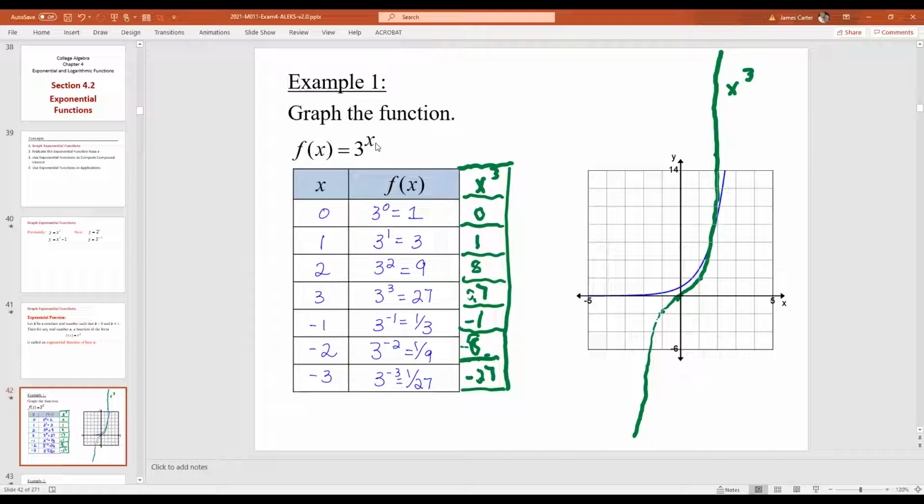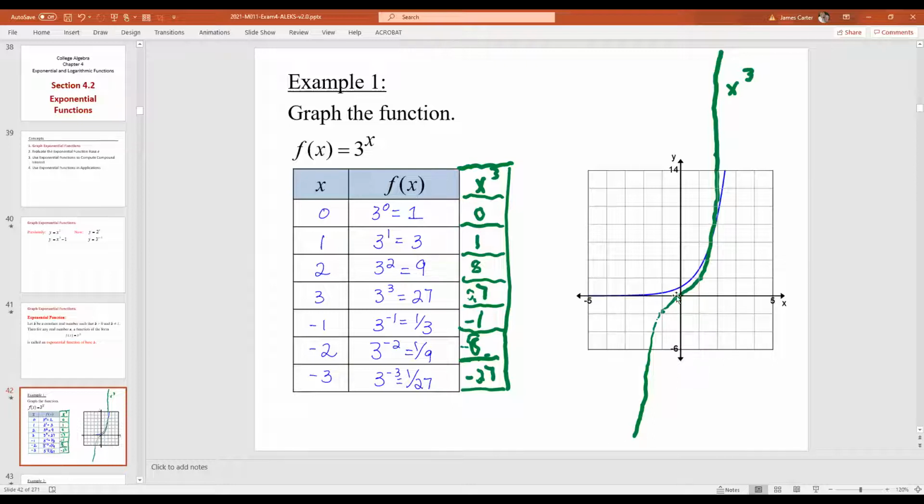Now, let's look at 3 to the x power. If x is 0, then y is going to be 1. By the way, this graph goes up by 2's. If x is 1, then y is 3, right here. And if x is 2, over here.